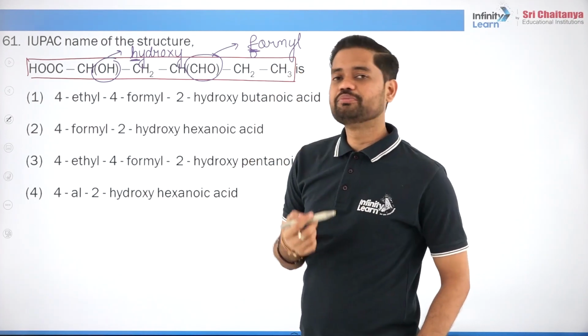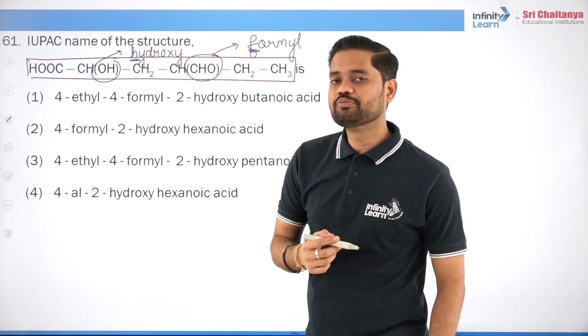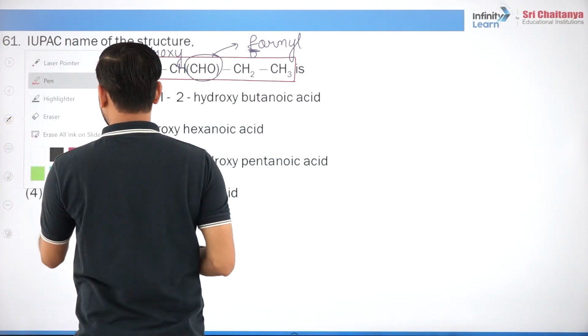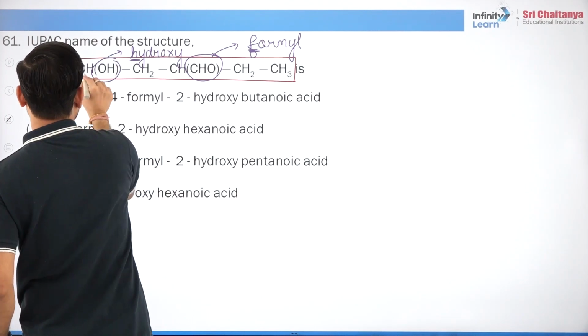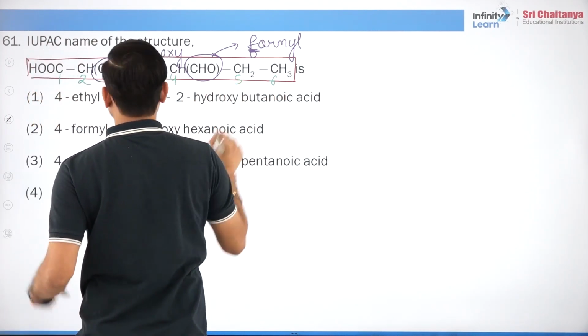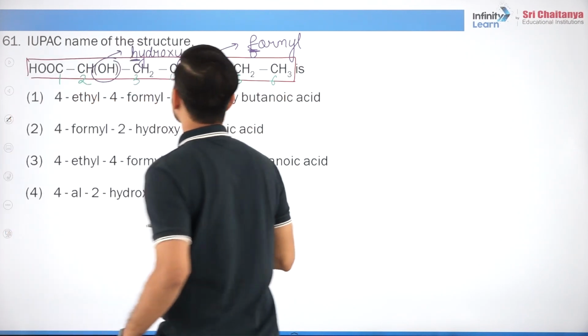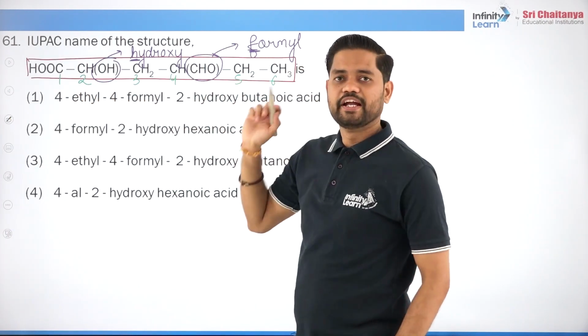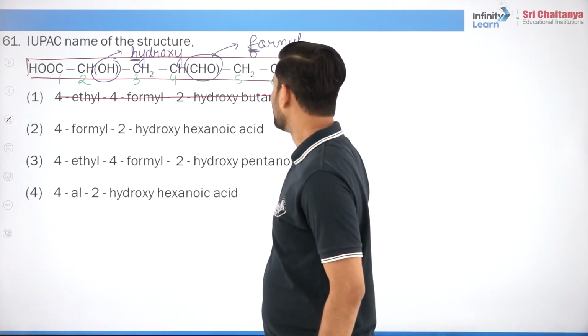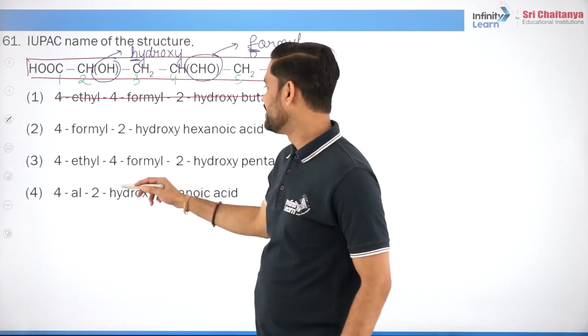But yes, numbering should be done from that end where the functional group gets the least number, and the numbering will start from carboxylic acid itself. So 1, 2, 3, 4, 5, 6. Hence the IUPAC name should start with 4-formyl. 4-ethyl is not the right answer. 4-formyl can be the right answer.